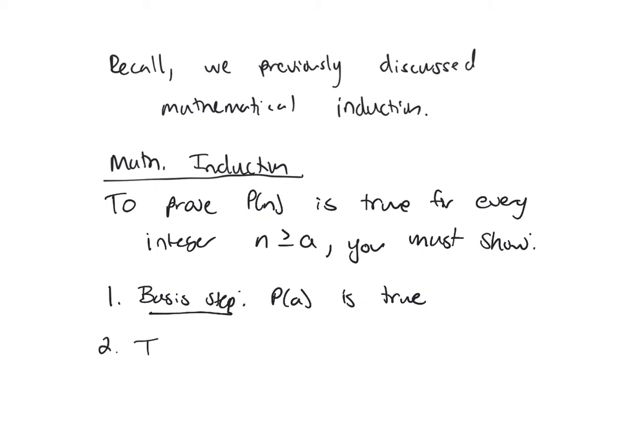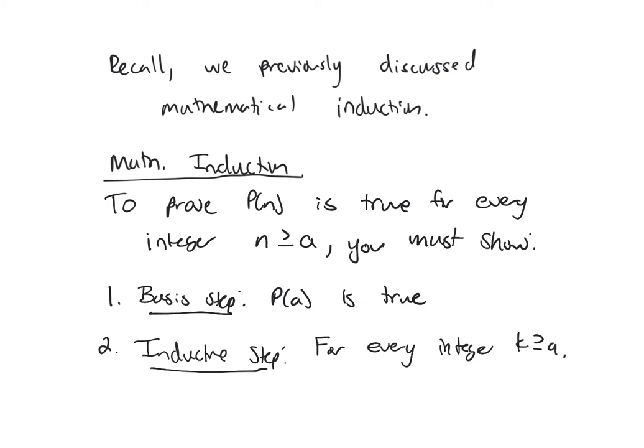And then part two is the inductive step, which says for every integer k greater than or equal to a, if P(k) is true, then P(k+1) is true. So if some arbitrary value is true, then the next value would also be true.